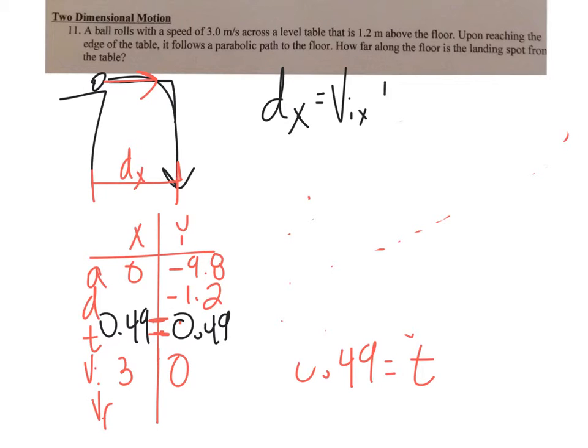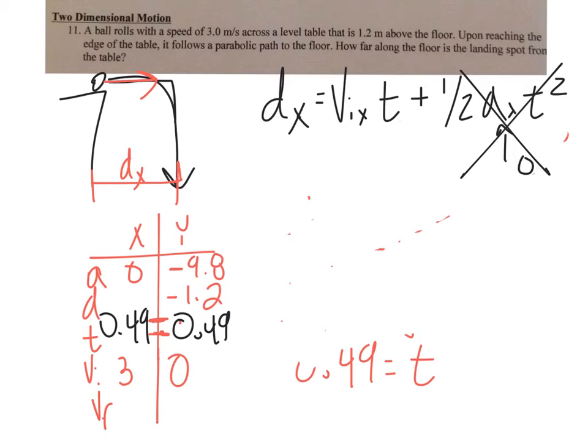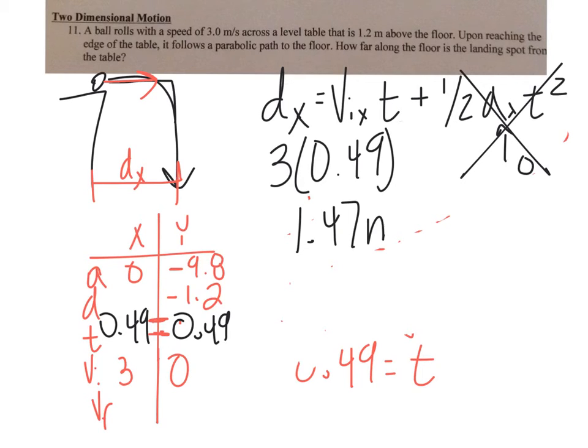So vix times time plus 1/2 ax t squared. Your acceleration is 0, so all that cancels out, so I'm not even going to bother filling it in. We're going to take our initial velocity of 3 times 0.49. That is going to give us an answer of 1.47 meters.